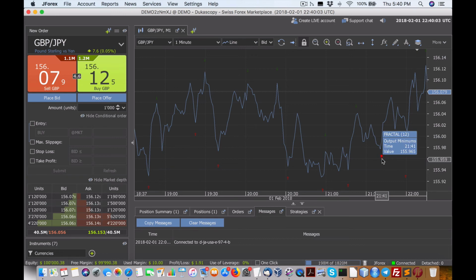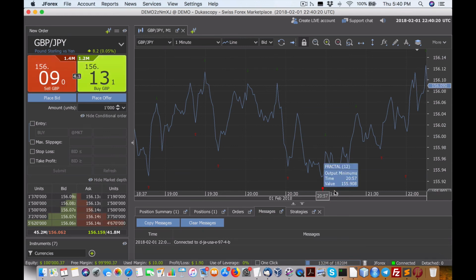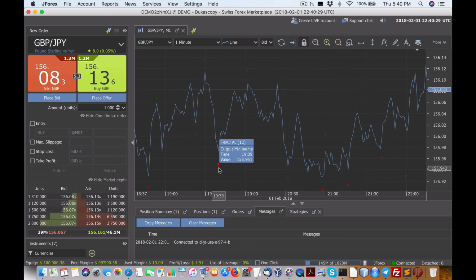So what's this saying? Output minimum time. Oh, I see. Yeah, if I remember, there's fractal 12. So it looks like we have to measure every 12 bars. It seems to be somewhat working at bottoming. This is an interesting one.